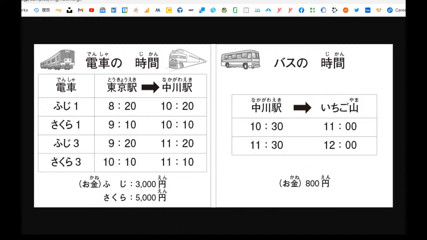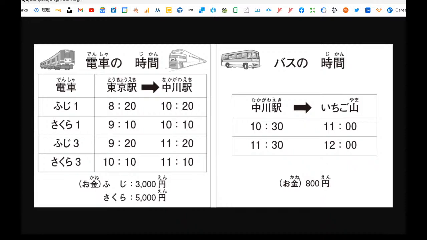Takes only 30 minutes. It's nice. That means you have to take train from Tokyo Eki to Nakagawa Eki, and you have to be there by 10:30. You need to find out the trains which will let you be at Nakagawa Eki by 10:30.